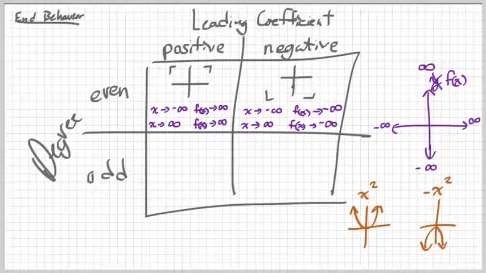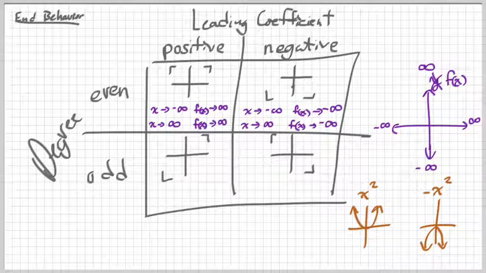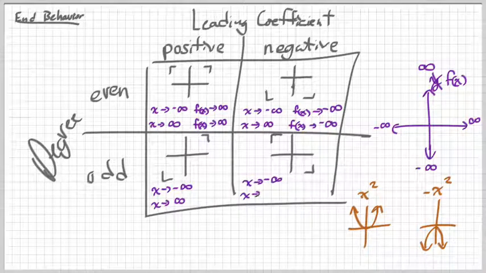Okay. So what about odd functions? All right, draw your x and y. This one, when the leading coefficient is positive, is down, up. And when it's negative, it's up, down. All right, so we got left side, right side, left side, right side.